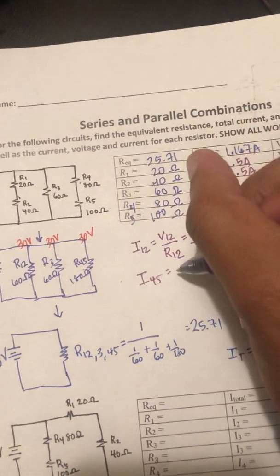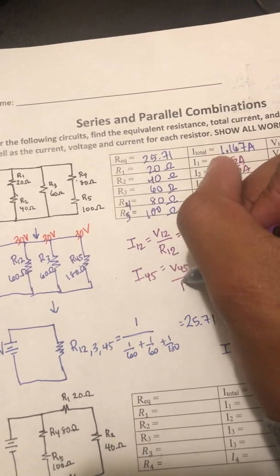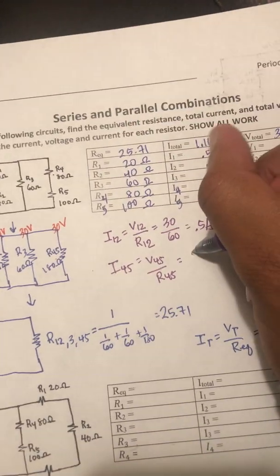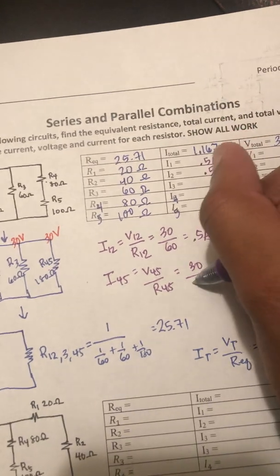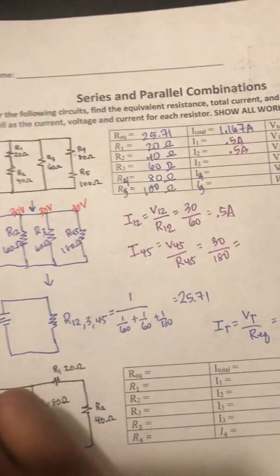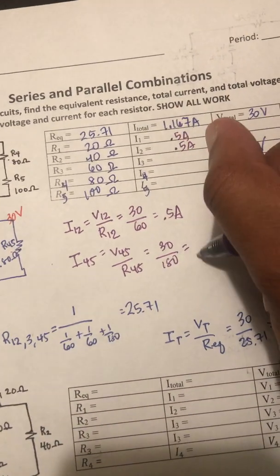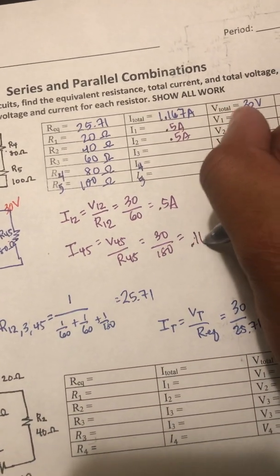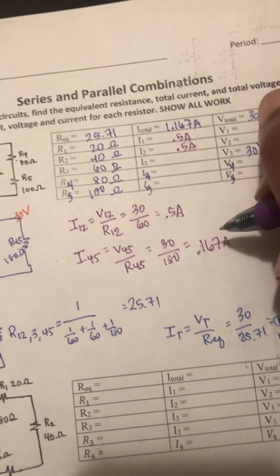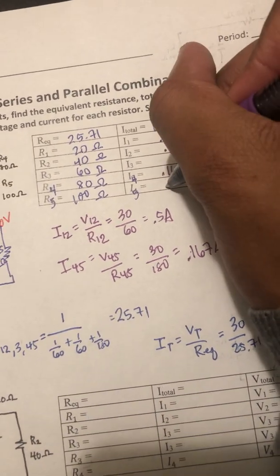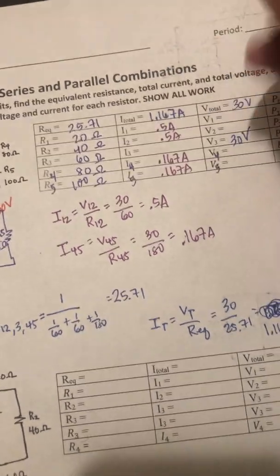I45 is equal to V45 over R45, which is 30 divided by 180, which gives me 0.167 amps. So for 4 and 5, it's 0.167 amps, 0.167 amps.